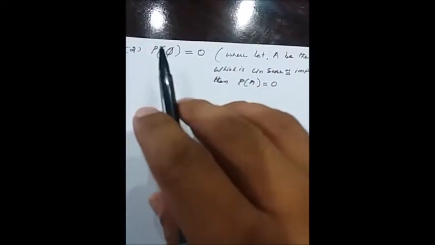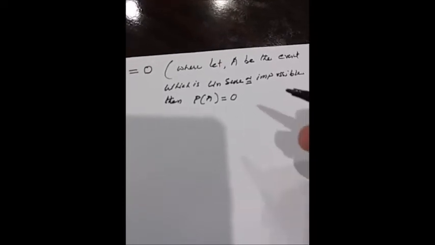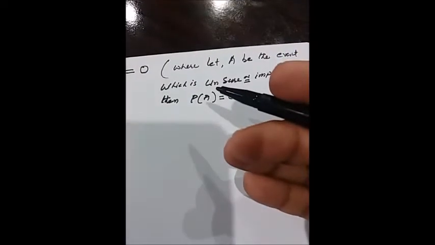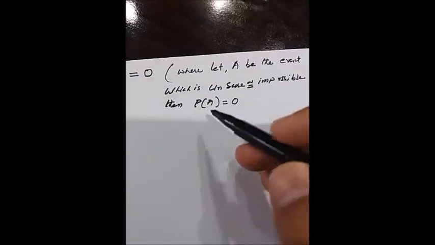So can you understand that probability? The second property is that the probability of the null set is always 0, where A is the event which is unsure or impossible. We are calling the event A an unsure or impossible event, so the happening of that event is impossible. Therefore, the result obtained from this event will be 0.